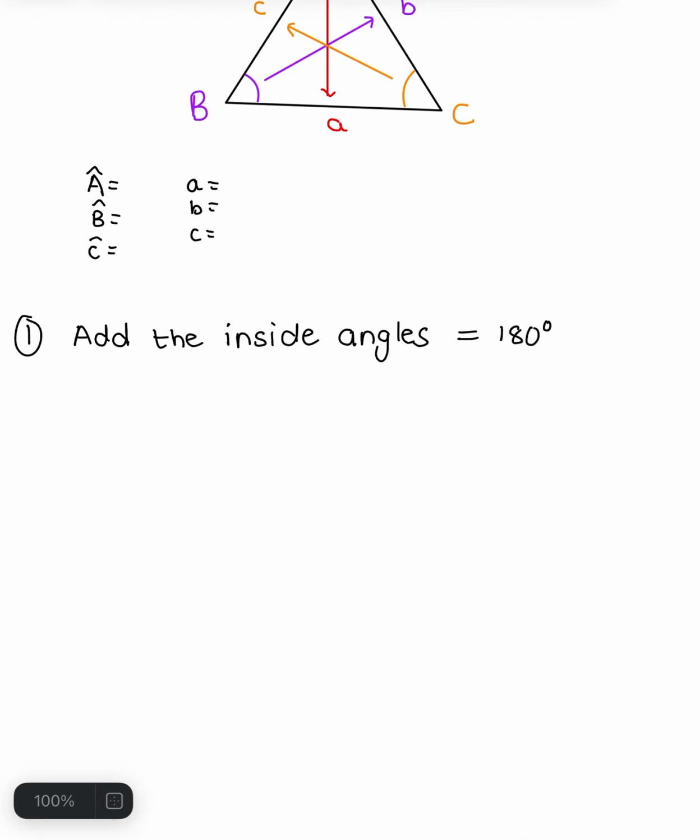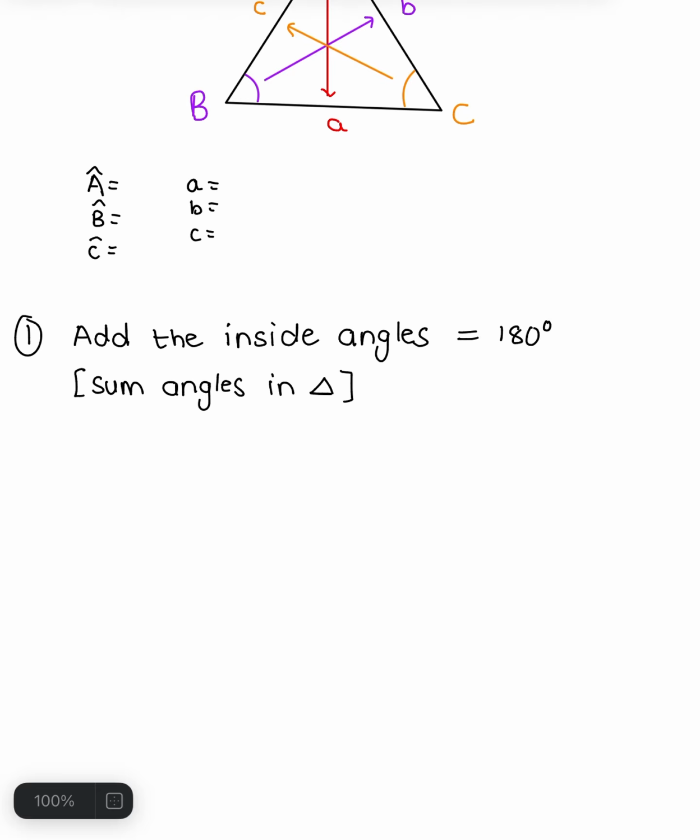All right? And we call this, the reason we would give is sum of angles in triangle, right? And so that makes sense because sum means add, and therefore sum angles in triangle, all right?